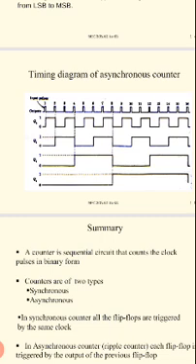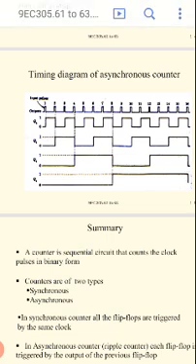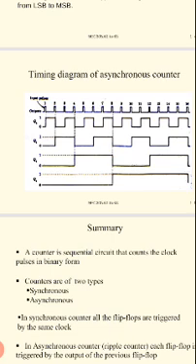The timing diagram of asynchronous counter. Here the clock pulses are there. There are 16 clock pulses. For output Q0, it toggles with each pulse, and the output of the second flip-flop remains high from second to fourth.